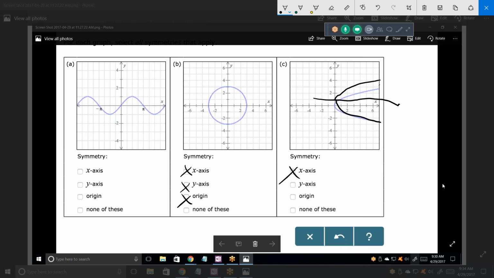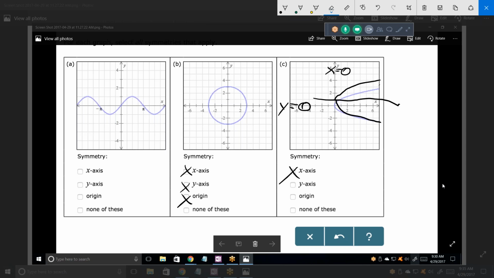The x-axis is y equals 0. That is the line that makes the x-axis. Just like the y-axis is x equals 0. And that can be a little confusing if you're not used to it. We know horizontal lines are y equals. We know vertical lines are x equals.